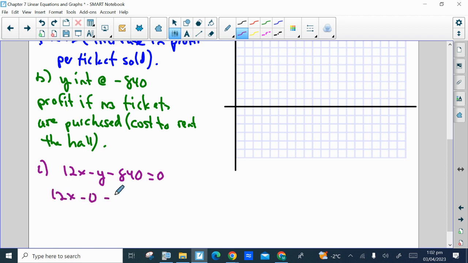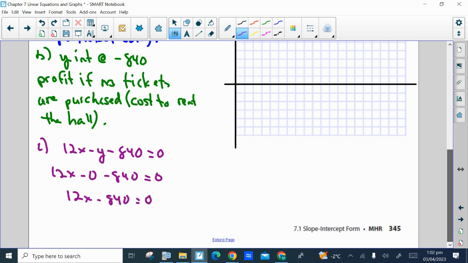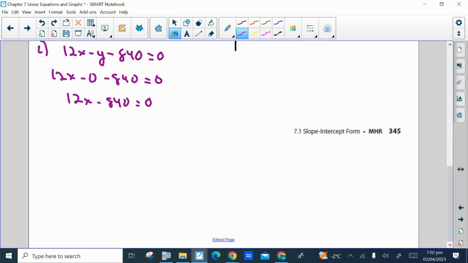And again, what happens is that term just disappears because 12x minus 0 is still 12x. So now we'll solve this by adding 840 to both sides. That'll leave us with 12x on the left and positive 840 on the right.